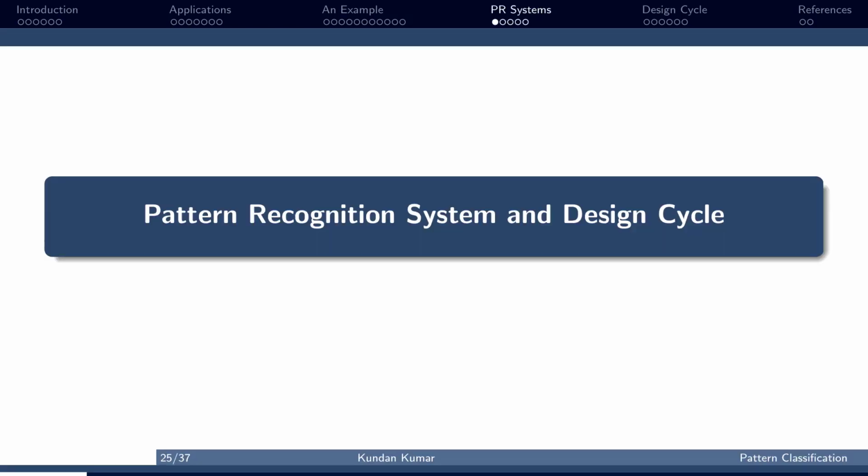So in the last lecture, I introduced you to pattern classification and how it is related to different domains like machine learning and artificial intelligence.